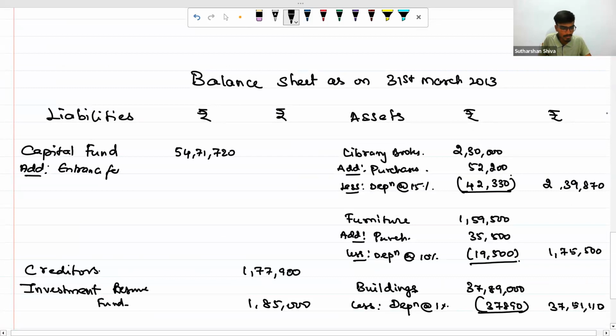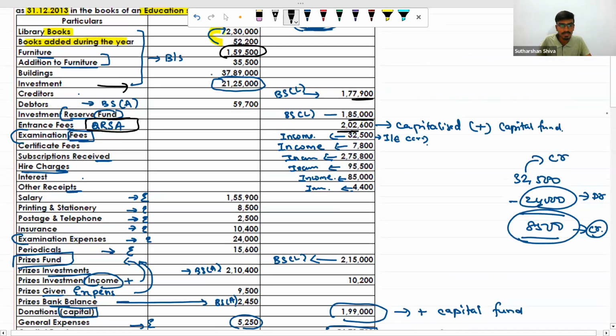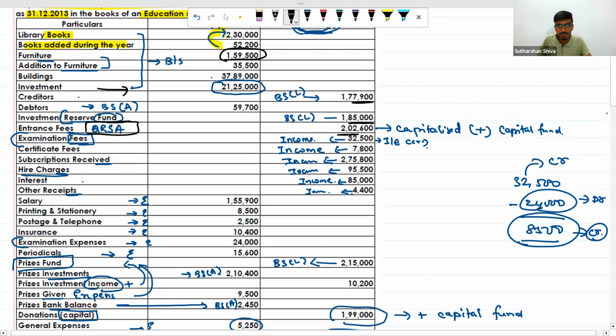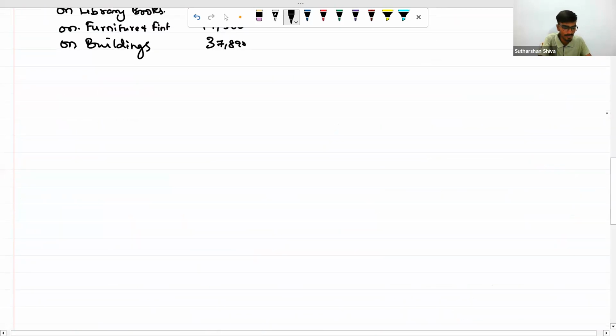What is the entrance fees? 2,02,600 is the entrance fees which we will add. Once done, examination fees is 32,500. Certificate fees is 7,800. Is there any adjustment for it?